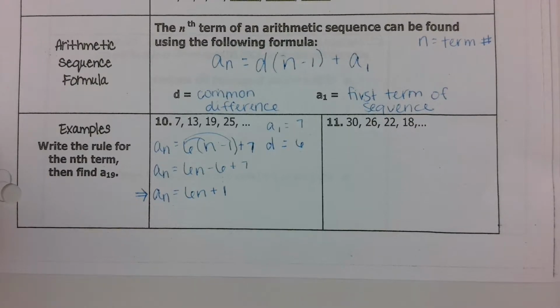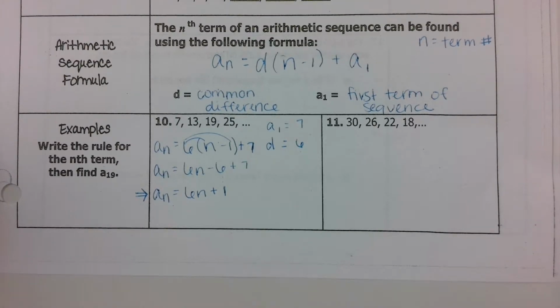So like if your sequence is, what do we have, 7, 13, 19, 25. The first term is A sub 1. The second term would be A sub 2. The third term would be A sub 3. The fourth term, does that make sense? Is that okay?